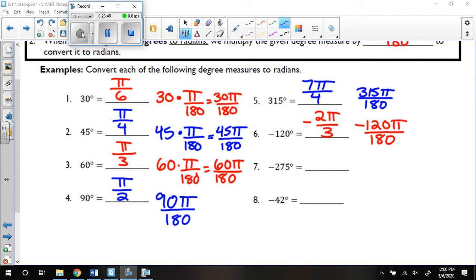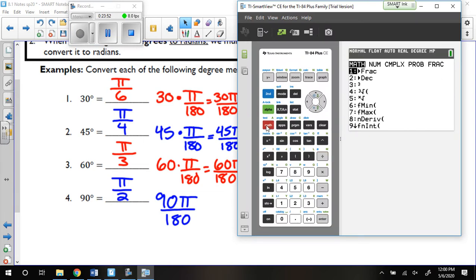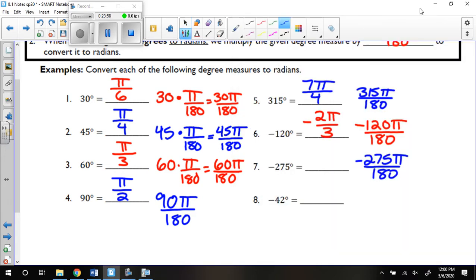And then we've got negative 275 pi over 180. Let me see what negative 275 over 180 reduces to. Okay, negative 55 over 36. So negative 55 pi over 36. And then negative 42 pi over 180.